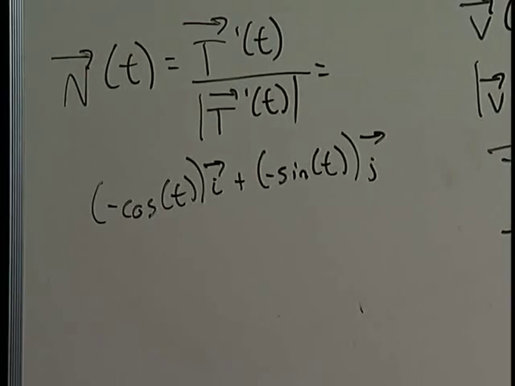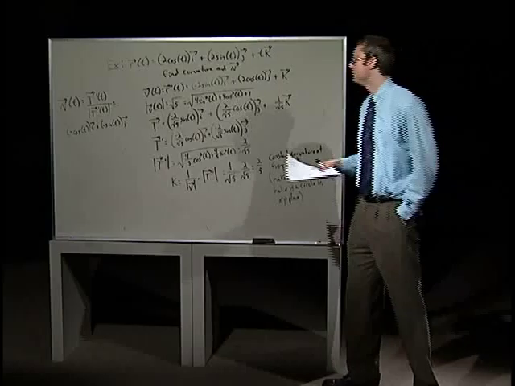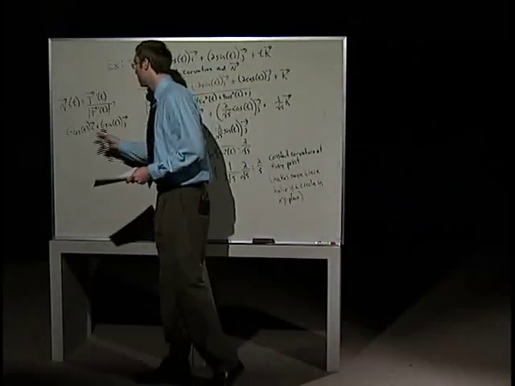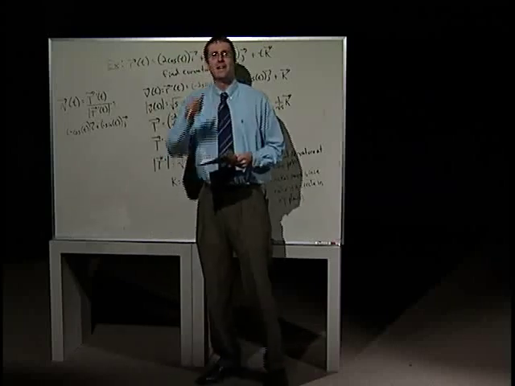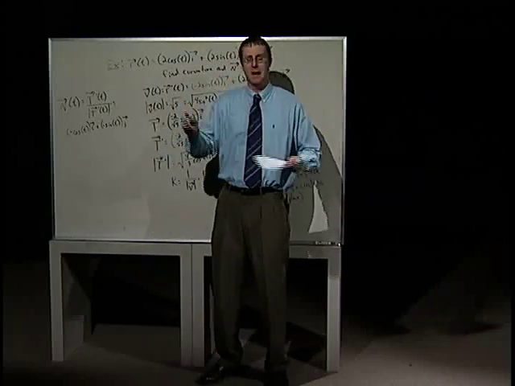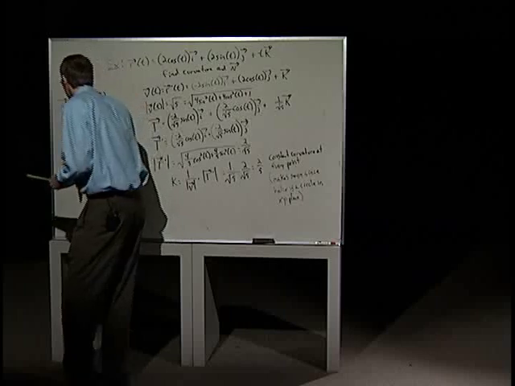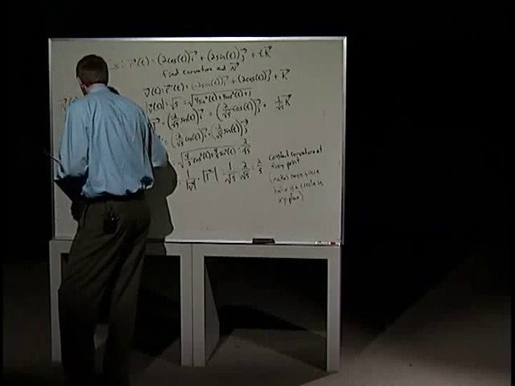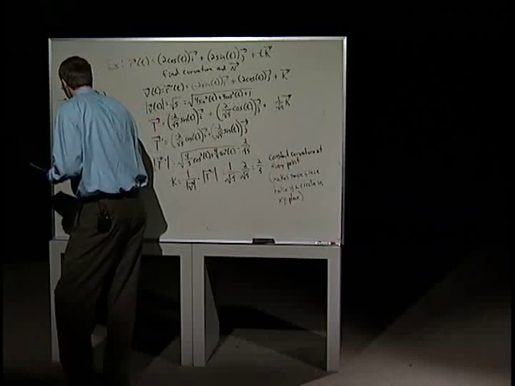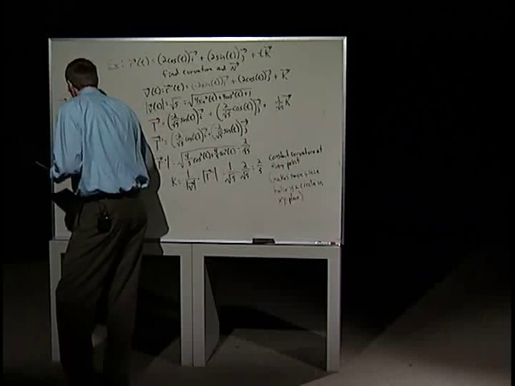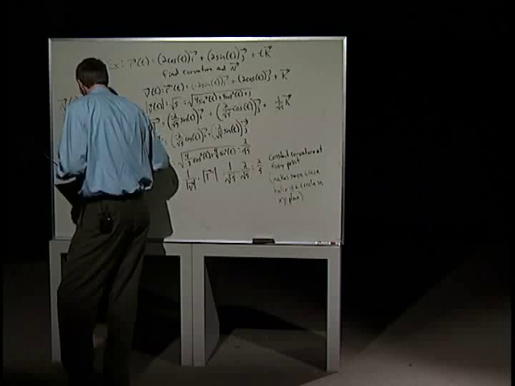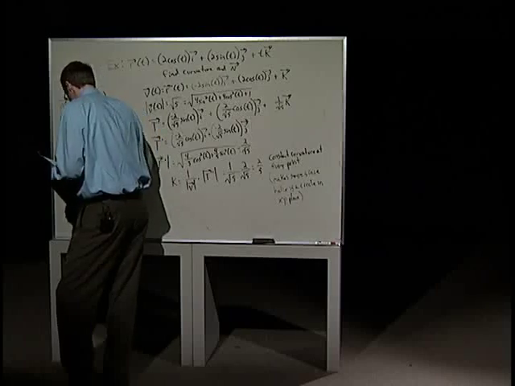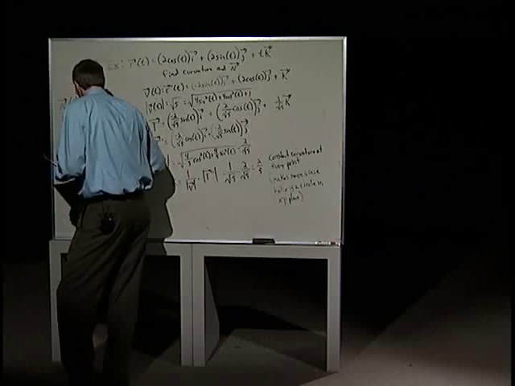And so think about this. Remember, N is always pointing in the direction that the curve is turning. Well, this is a circle in the xy plane, so N is following a circular pattern. The unit normal vector rotates in a circle in the xy plane.